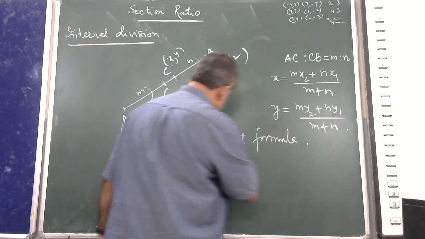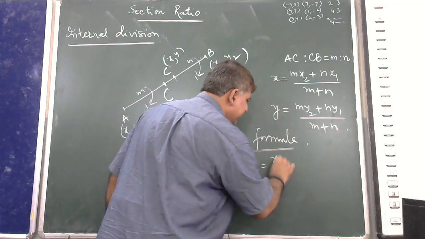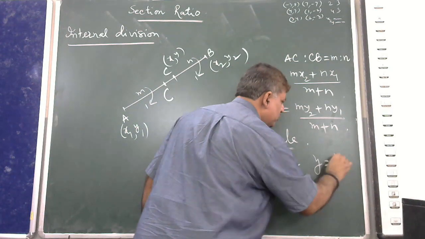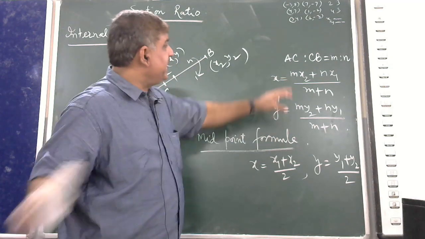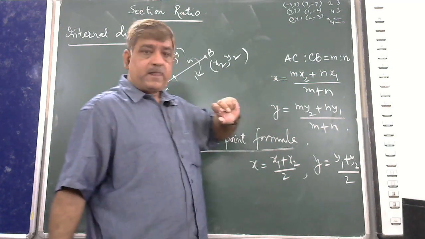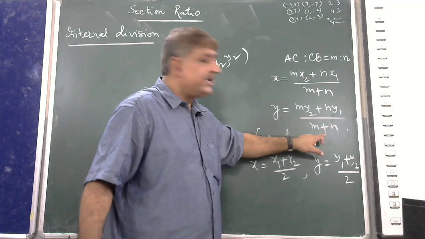as x is equal to (x1 plus x2) by 2, comma, y is equal to (y1 plus y2) by 2. You see here, put m equal to 1, n equal to 1. So 1 plus 1 becomes 2. So (x2 plus x1) by 2, (y2 plus y1) by 2.